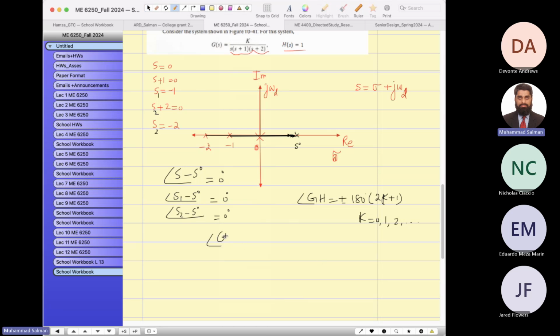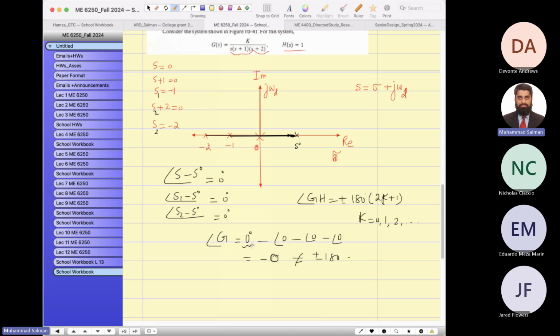So in the angle criteria, I'm going to write down 0 degree minus angle s0 minus 0 minus 0. So this is all minus 0. This is not equal to plus or minus 180.